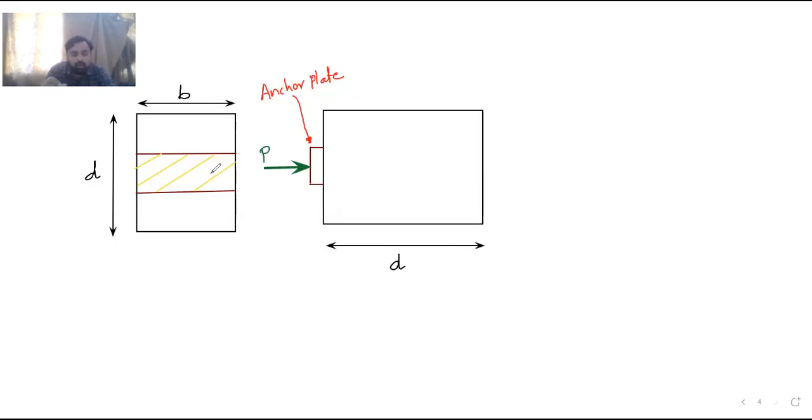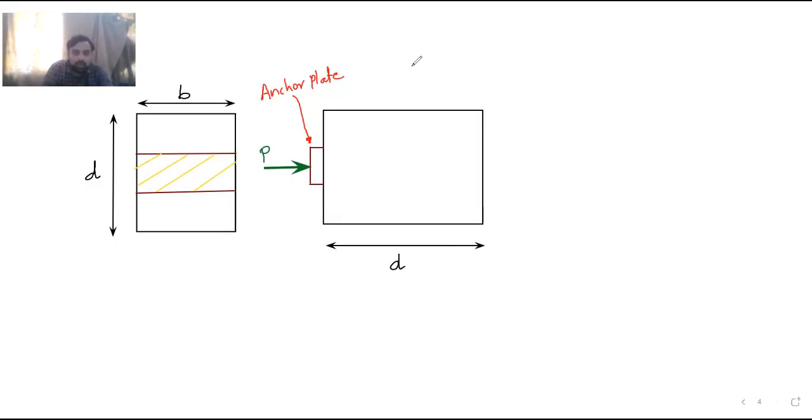Due to this pre-stressing force, compressive stresses are generated in this end block, and those compressive stresses have very high concentration near the support. As we move away from the support, that concentration goes on reducing, and after some level it becomes uniform.